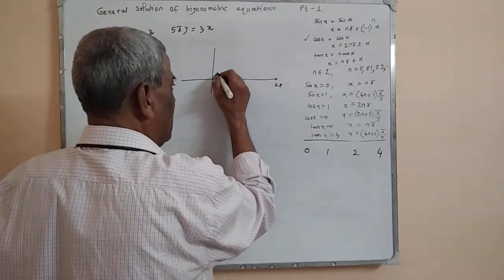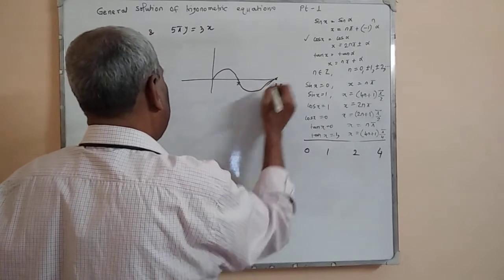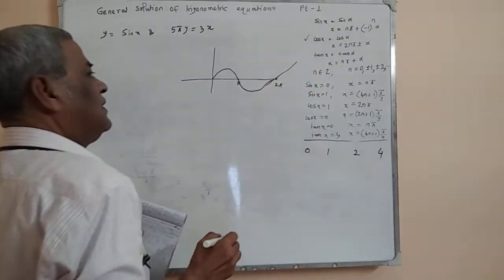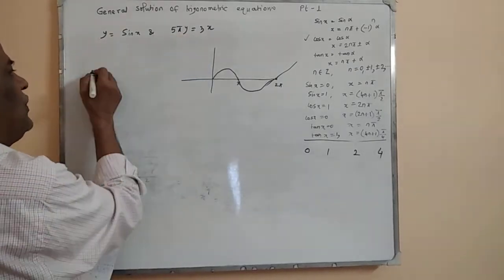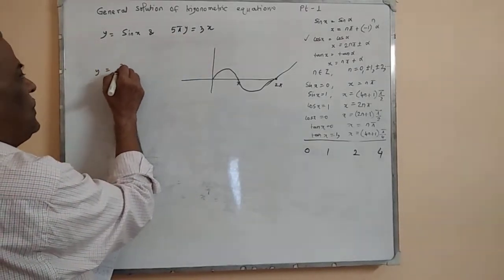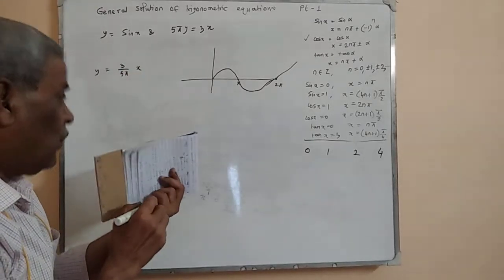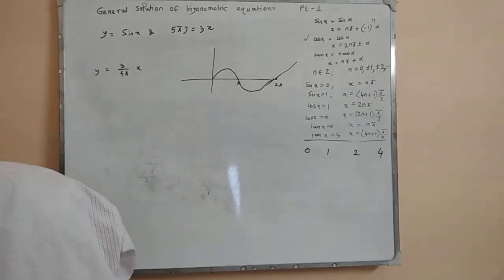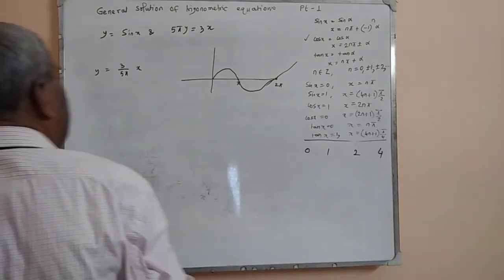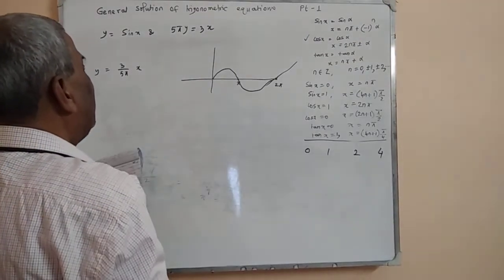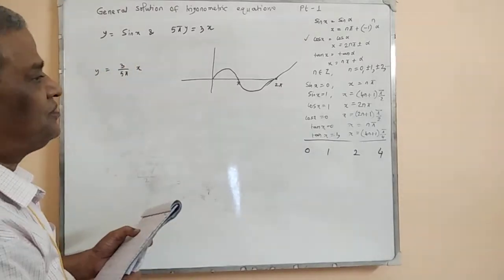So after that, this is 1. y is equal to sin x. And the second equation is y is equal to 3 by 5 pi into x. It is of the type y is equal to mx. y is equal to mx means it passes through the origin and the gradient is that, and it is far less than 1.